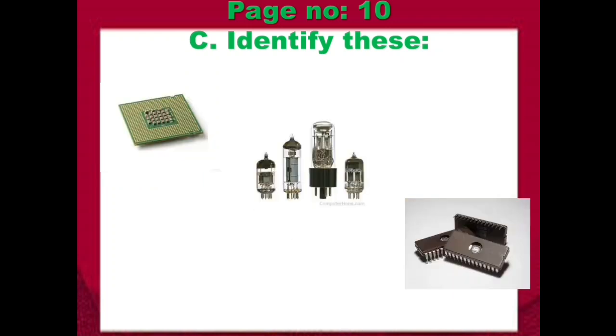Okay. The next one, see the picture. This is called a microprocessor. Microprocessors are used in the fourth generation. The next one is vacuum tubes. These vacuum tubes were used in the first generation.